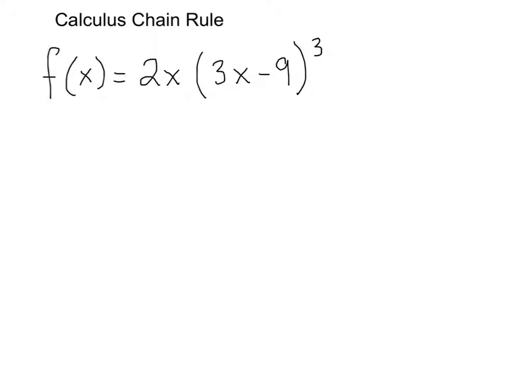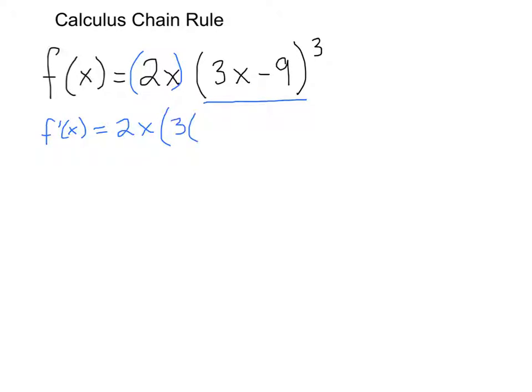product rule. Okay? And so on the product rule, I'll say f prime of x equals the first times the derivative of the second. All this would be considered the second. So understood to be in front would be a 1. So I've got all this. And I'm going to say 3 times 1 is 3.